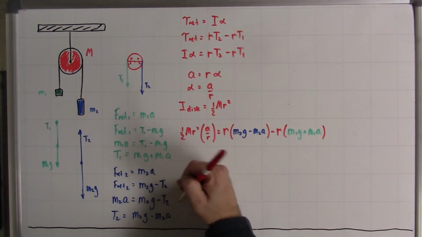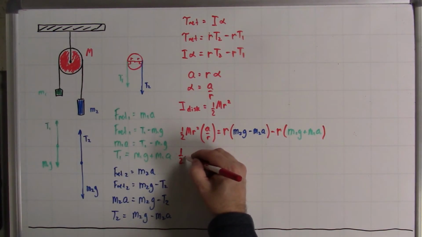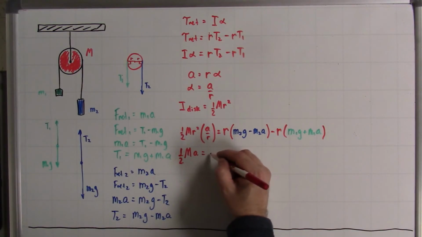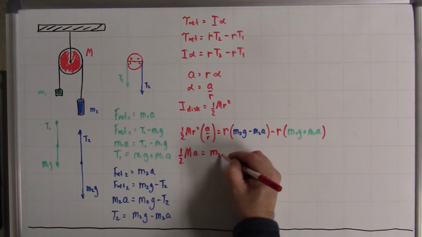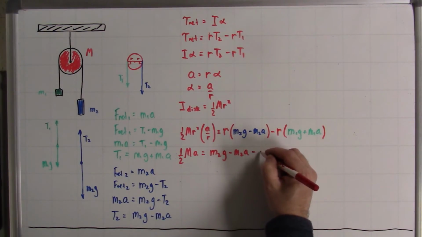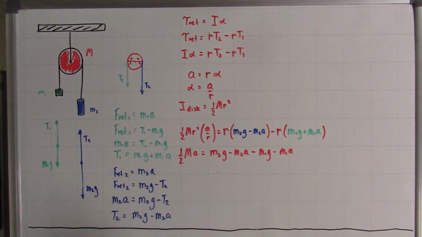Okay, let's go from there. All the R's magically disappear, and you're left with 1/2 MA is equal to M2G minus M2A minus M1G minus M1A.